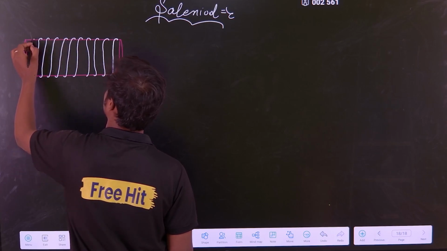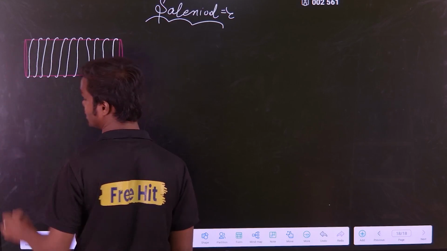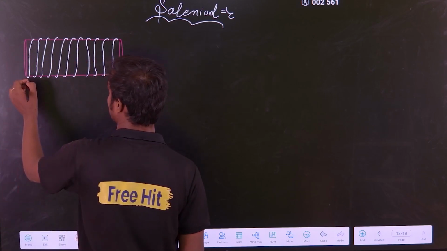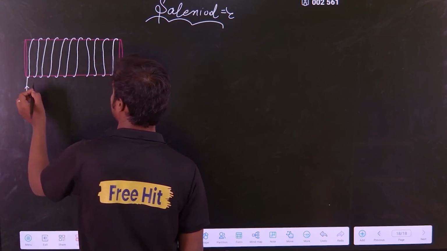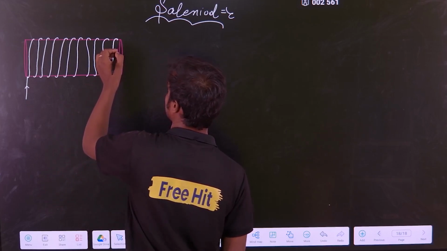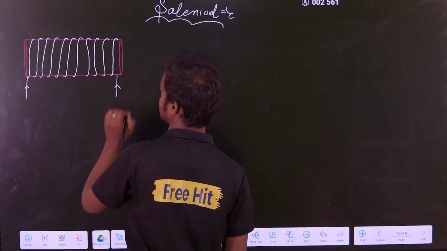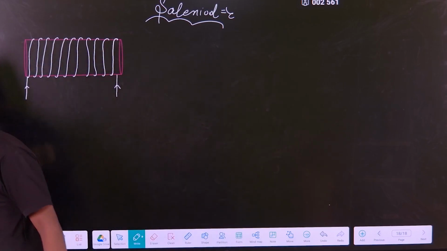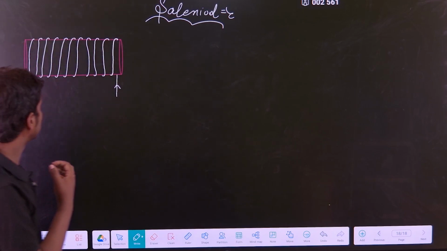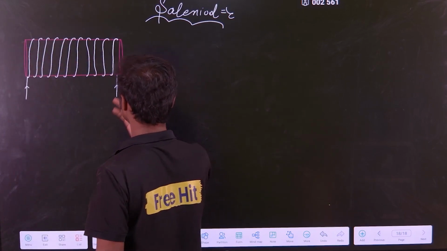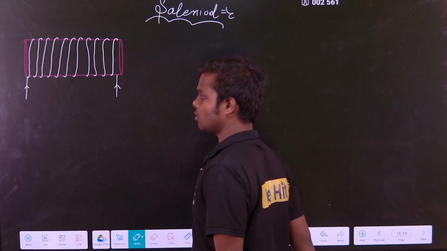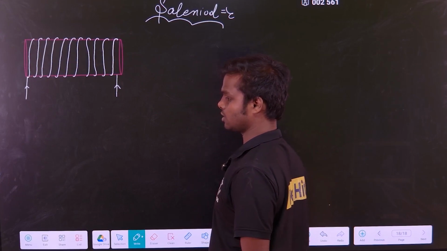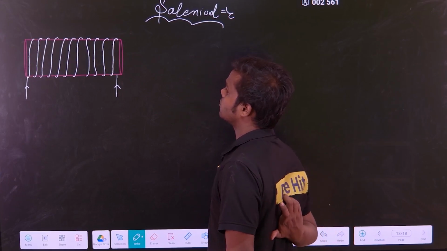In physics it is very important that you feel each and everything, then you are able to understand. It is something like this. I hope now you got the idea. Clear?